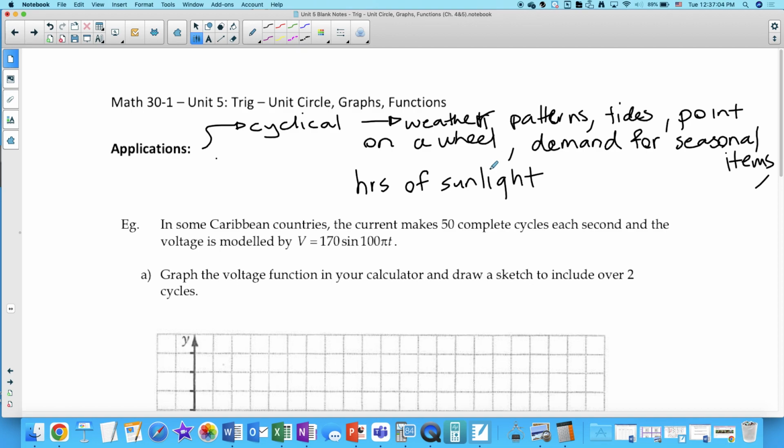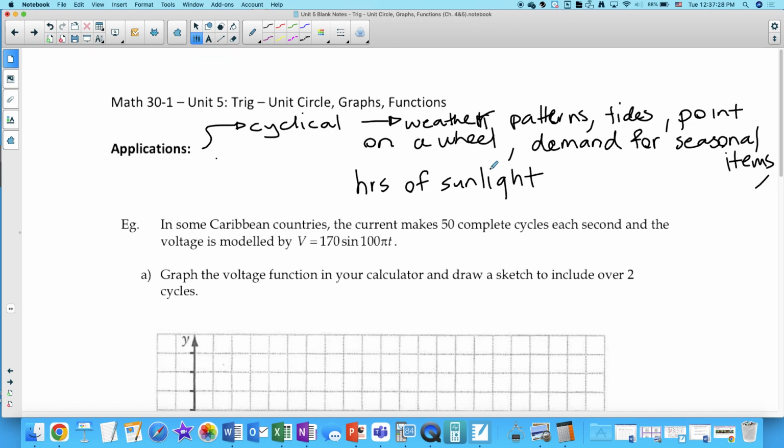But if we're relatively north, in the wintertime we have less sunlight, and then slowly we get more sunlight until summertime, we have something like 20 hours, 19 hours of sunlight a day, and then it goes back down in the fall, right? So something like that, that's also cyclical. There are lots and lots and lots of cyclical applications.